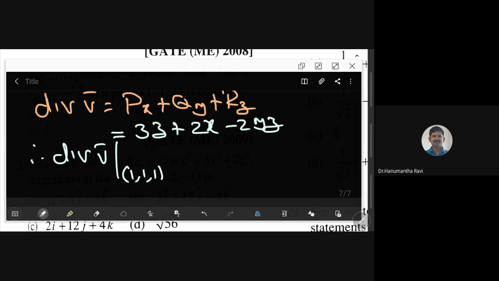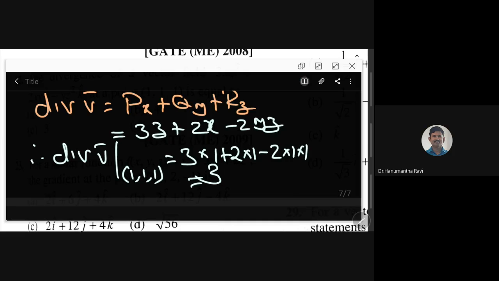So x is 1, y is 1, z is 1. So 3 into 1 plus 2 into 1 minus 2 into 1 into 1. So 3 plus 2 is 5, minus 2 is 3. That's all. So divergence of v bar is 3 here.